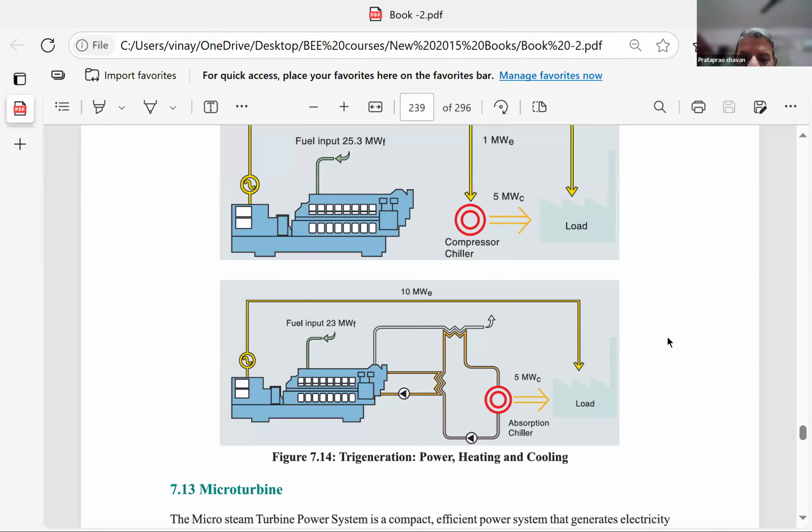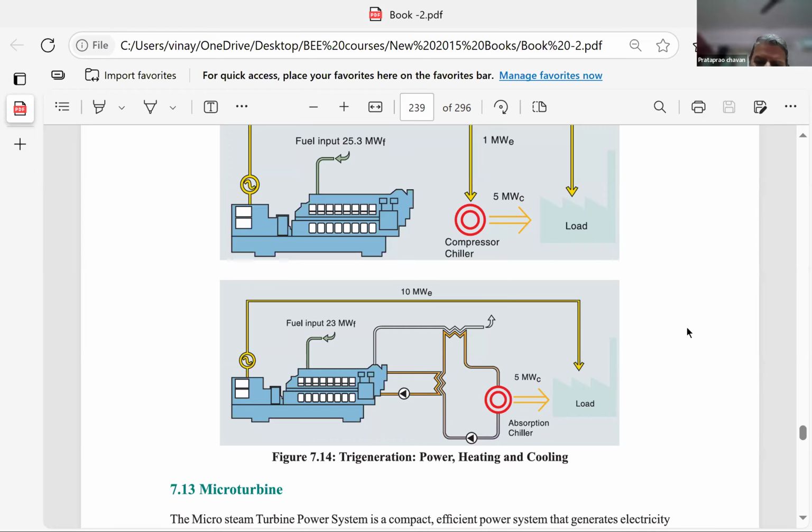So part of the heat is diverted for that. So you know the three streams. One is electrical generation, another is the process heat, and third is the heat for refrigeration purposes. This is called trigeneration.